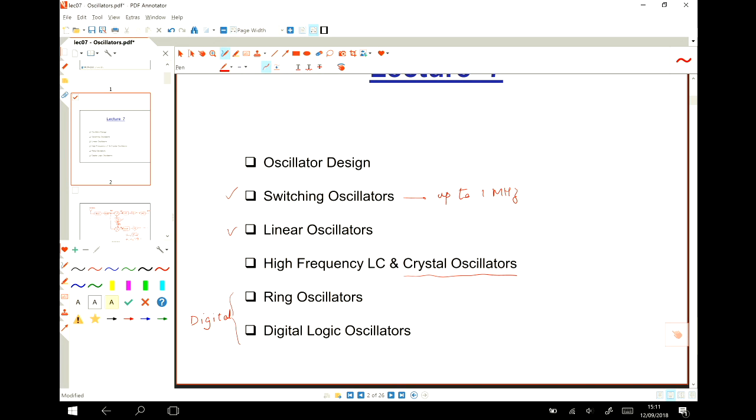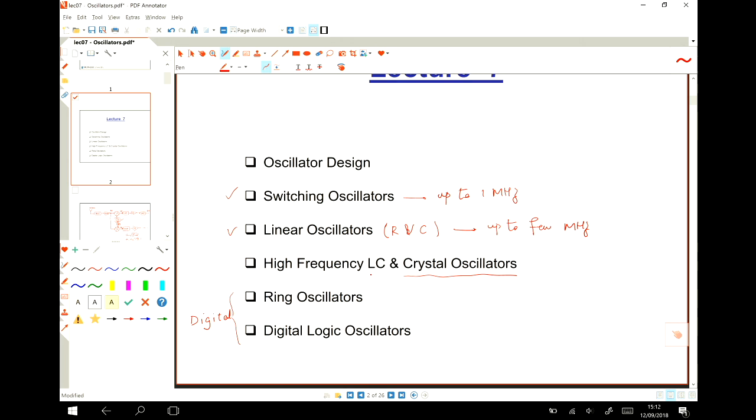So these are up to 1 megahertz. And then the linear oscillators, which are R and C, again, we are going up to maybe a few megahertz, because they are working based on the op amps as well.